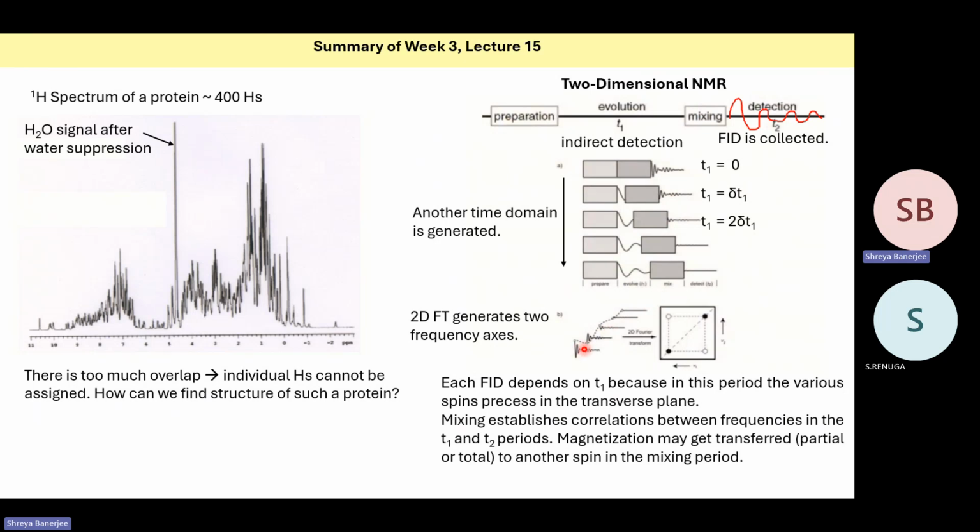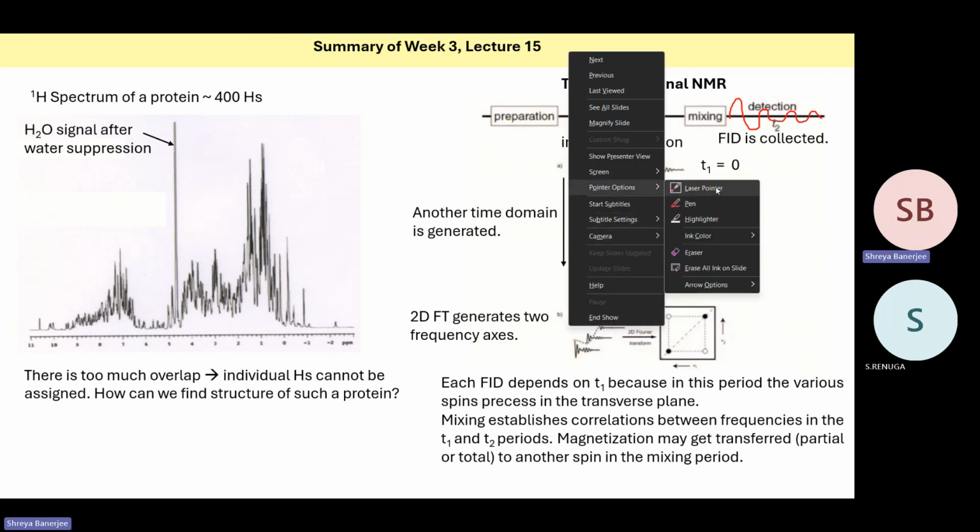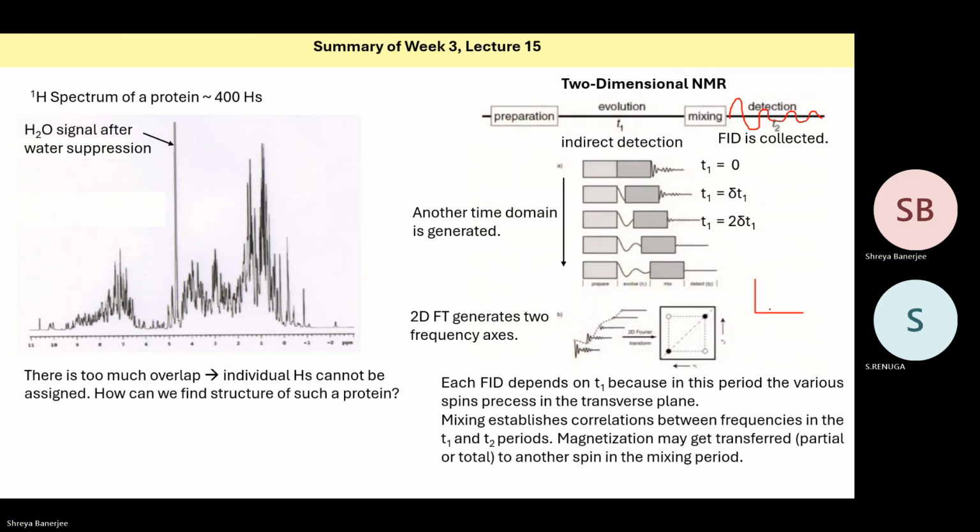Now there are two time domains. One is the time domain within the FID itself. If this is the FID, there is one time domain that is here. And another is the time between each FID. If you compare FIDs 1 and 2, they are varying in this T1. So that is the second time domain.